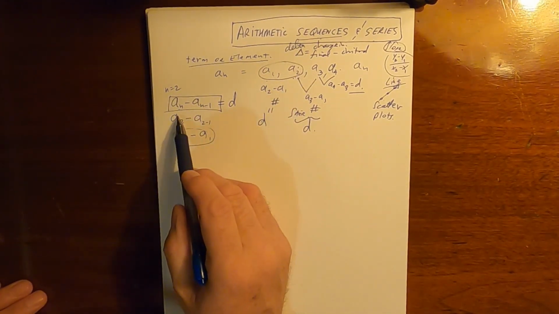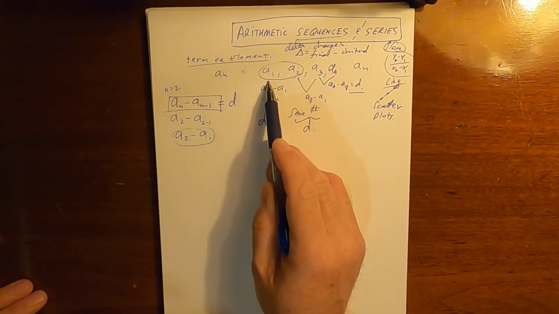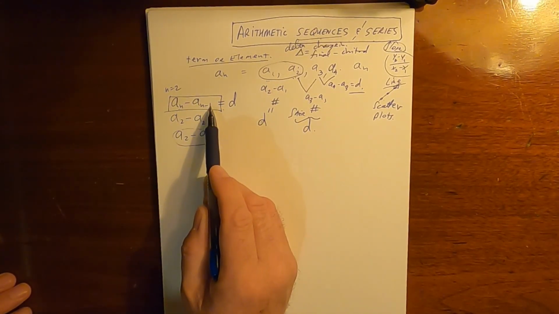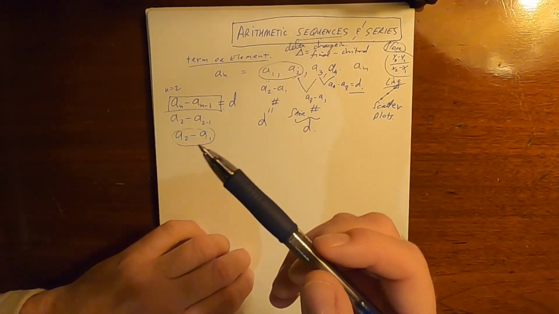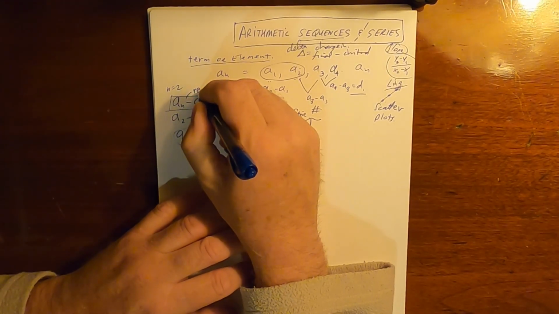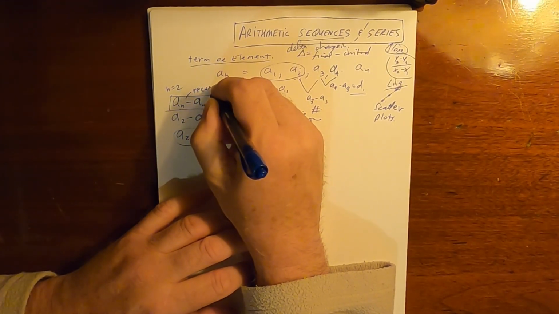However you want to look at it, it's the next term minus the first term, or in this format, which is actually going to be referred to as a recursive formula.